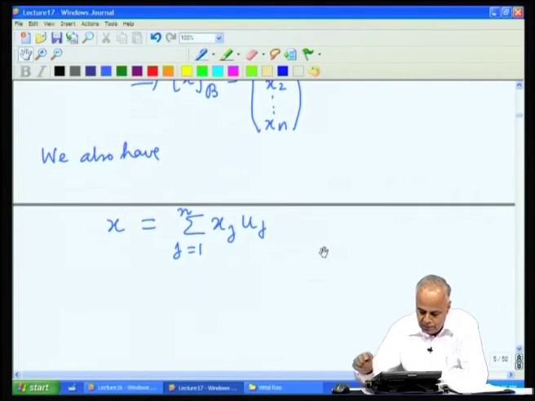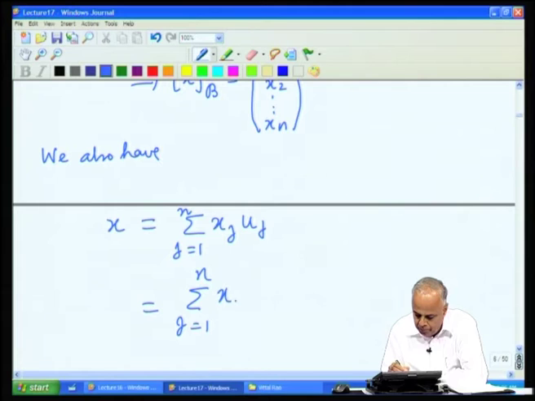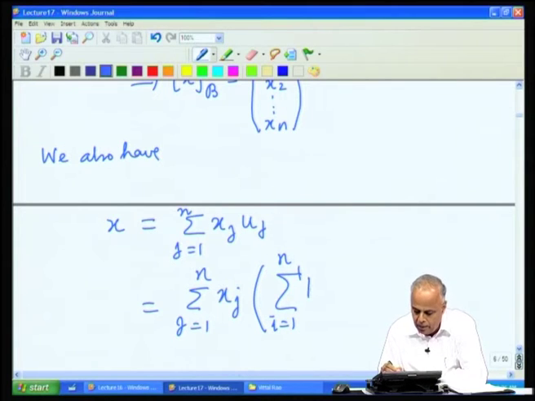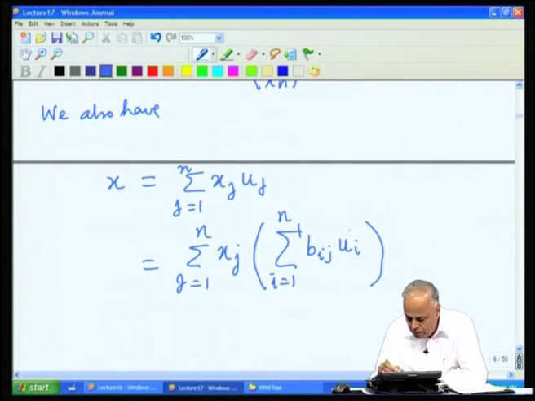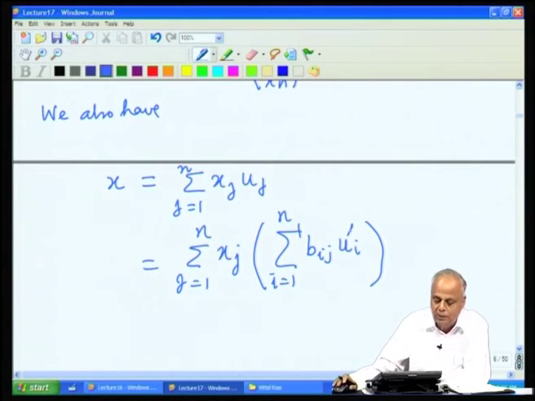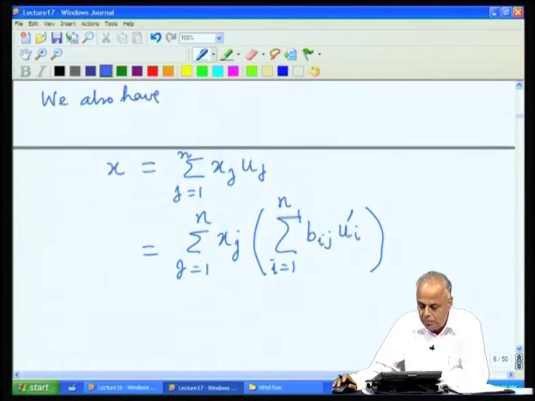So, this will tell me that x, equal to the summation j equal to 1 to n of xj uj, can be written as the summation i equal to 1 to n of bij ui prime, because now we are representing the B basis vectors in terms of the B prime basis.